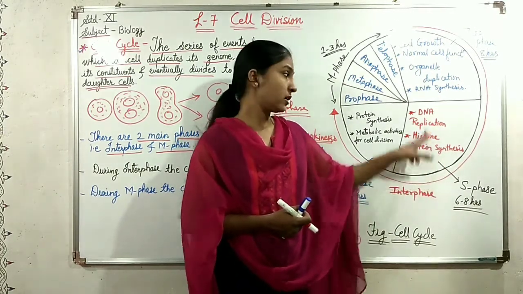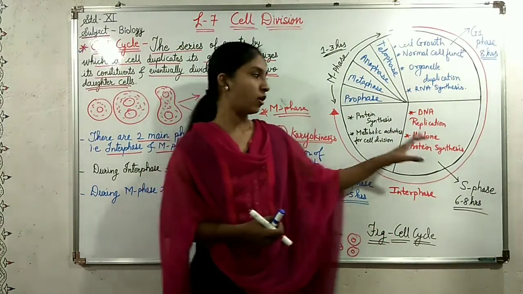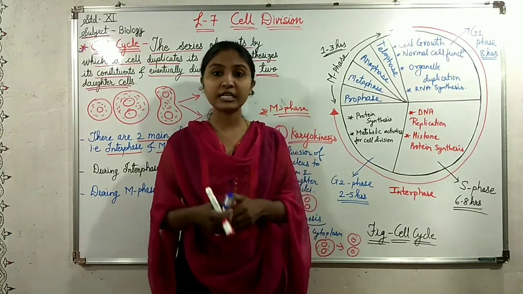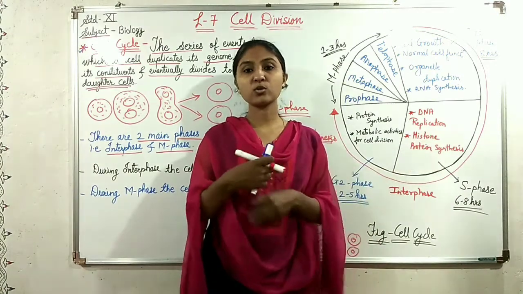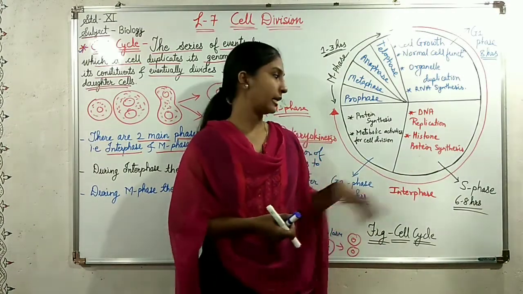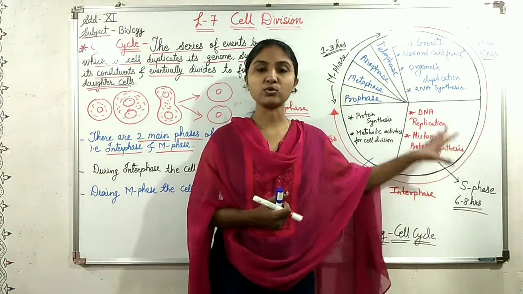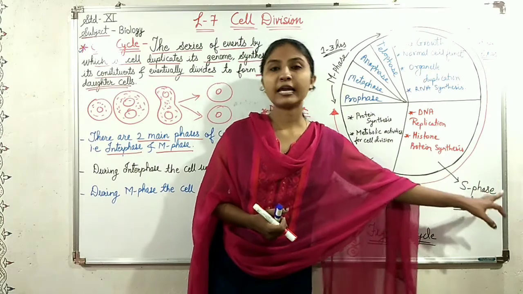In this phase, the replication of DNA takes place, not RNA. Here the cell undergoes the replication of DNA, and a protein called histone is also synthesized. That's why this phase is called the S phase.